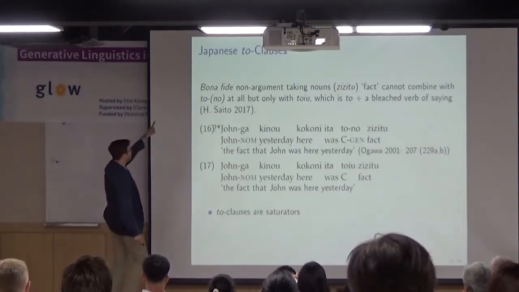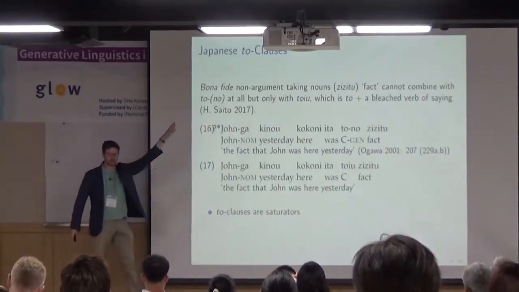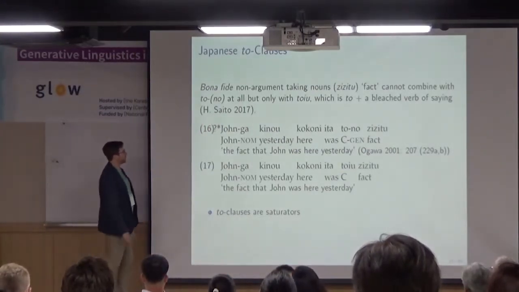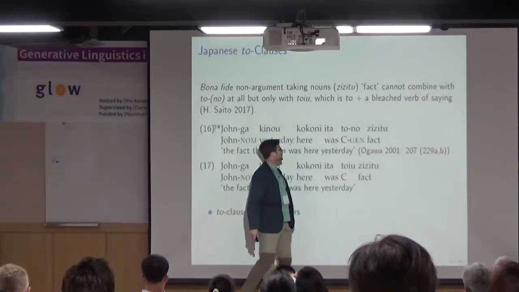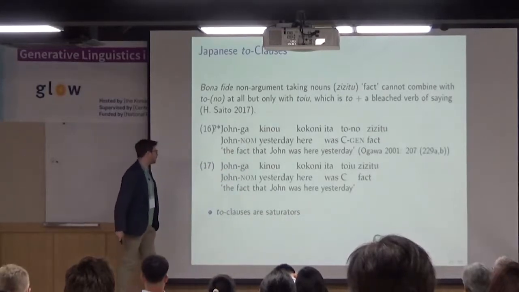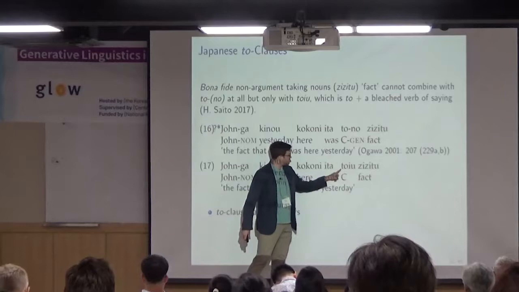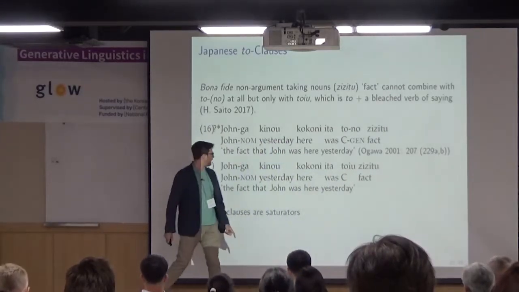And if you have a non-argument-taking noun, like fact, which is not a relational noun, it's just a common noun, you can't even rescue it with the genitive, as reported in Ogawa at least. You have to add this little form, toyu, I believe, and there are people here who know about this.